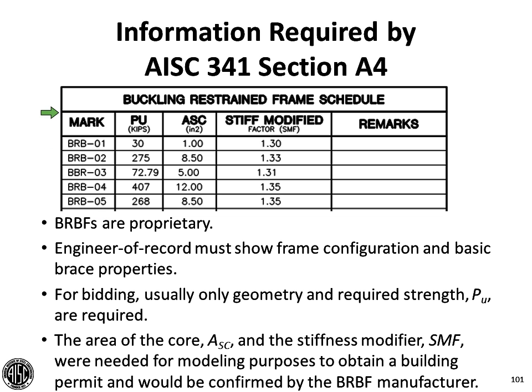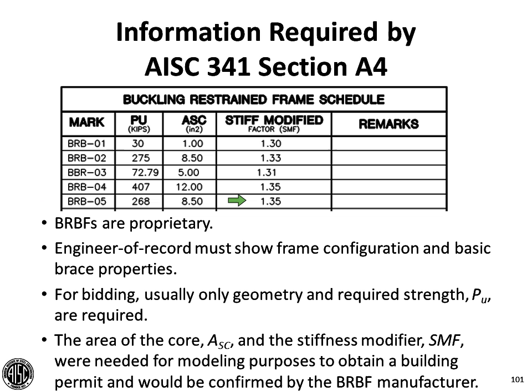And then through a schedule, the requirements for showing the strength of the brace is really the only thing that has to be shown to communicate that information to the brace manufacturer, as well as a stiffness modifier that would be required to calculate the performance and drift of the brace frame system.